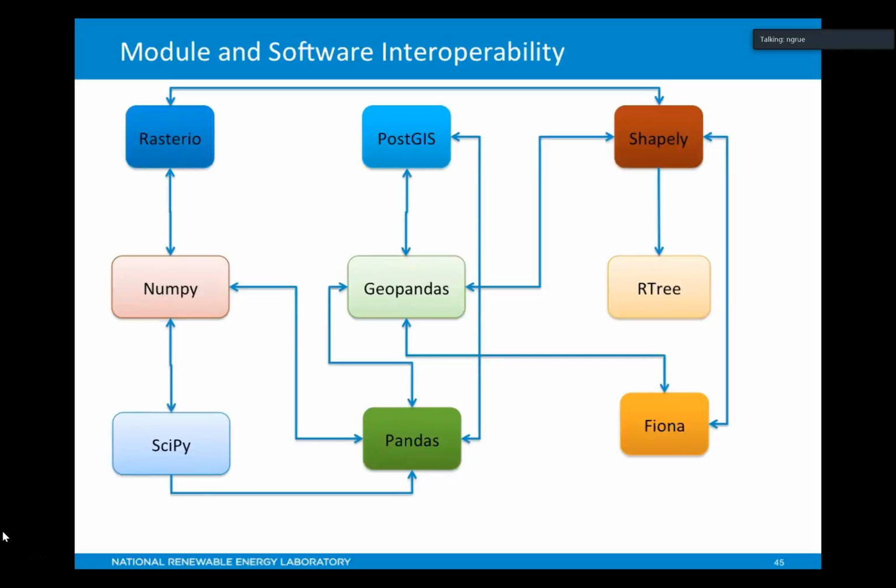And just to finish up here, a lot of these modules work together well. Several of them were actually written by the same person, or at least led by the same person, Sean Gillies. He did Shapely, he's doing Rasterio now, let's see, Fiona. So all of these things work together, which makes it a lot easier when you're doing things like what we were doing, where you had rasters as the input and vector as the output.